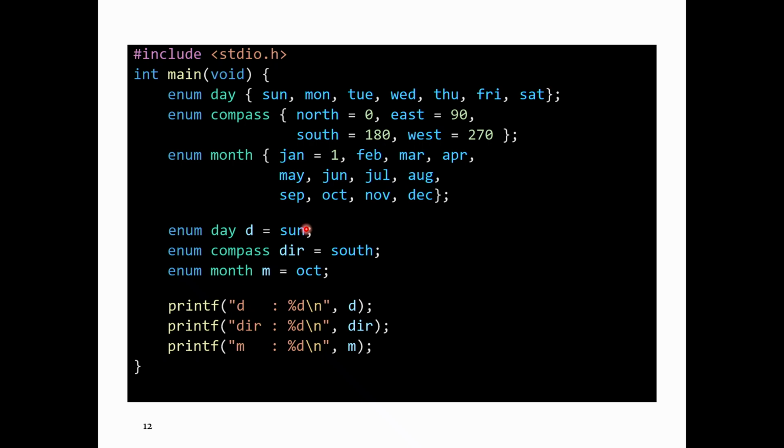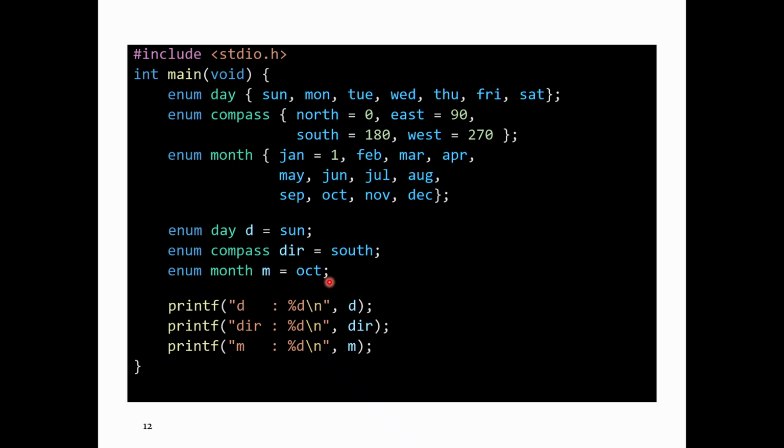It doesn't have the string value sun. It doesn't have anything else convenient like you might have in a Java enumeration. It's just the number 0. Enum compass dir equals south means that dir has the value 180. And enum month m equals OCT means that m has the value 10.